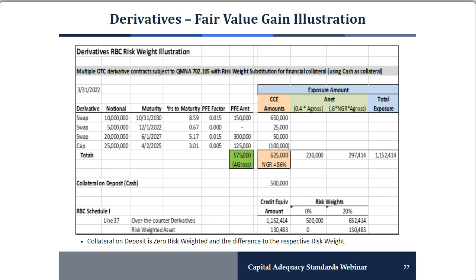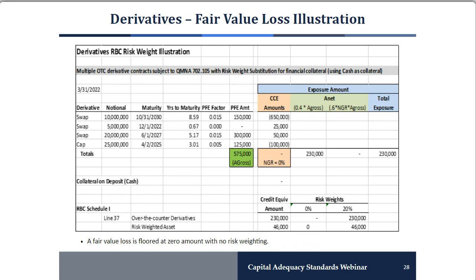The total exposure, which is the last column out to the right, is a sum of what we call the credit equivalent amount and the current credit exposure, and a factor of the PFE, which is the potential future exposure, both using formulas illustrated here, and are also in the Rule 702, Section 105. Next slide, please.